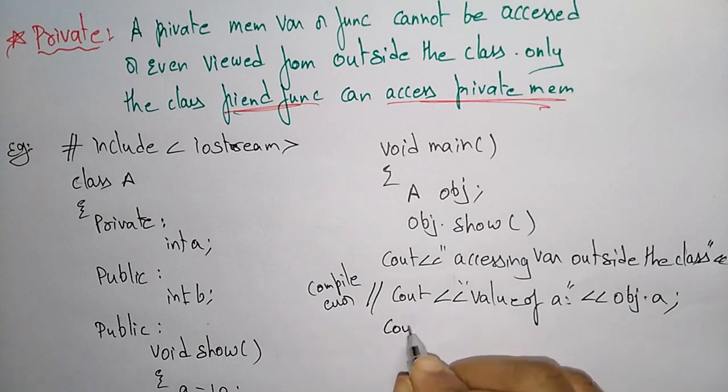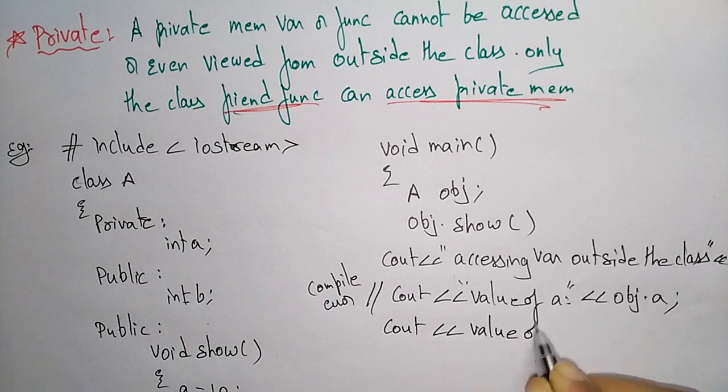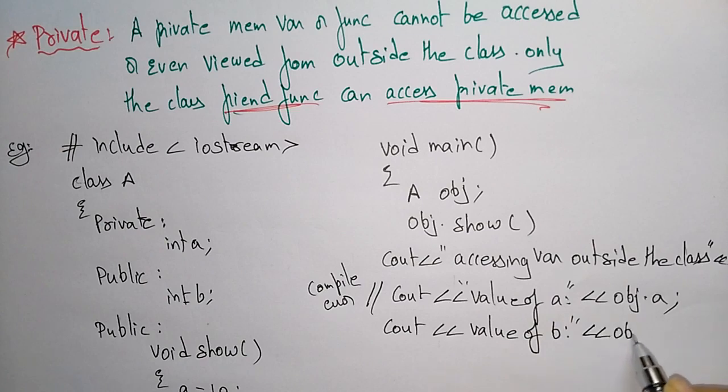Cout value of B. So obj dot B will be printed, because B is public. So this is the program.